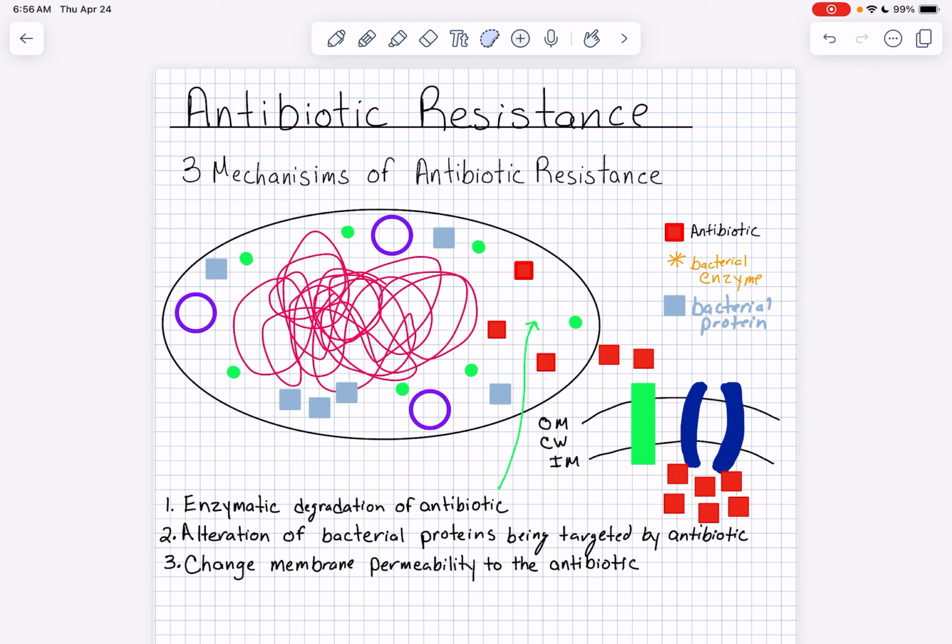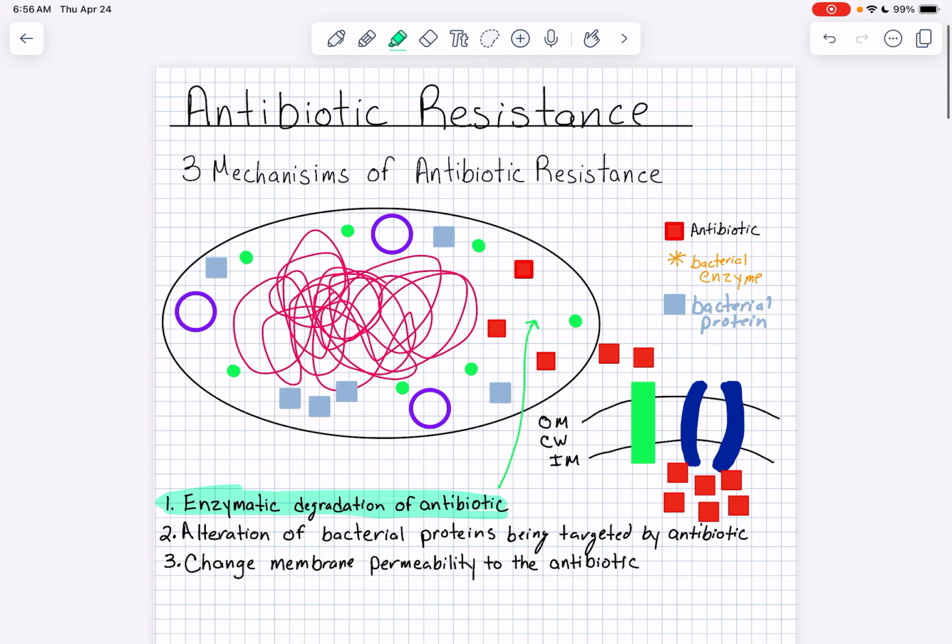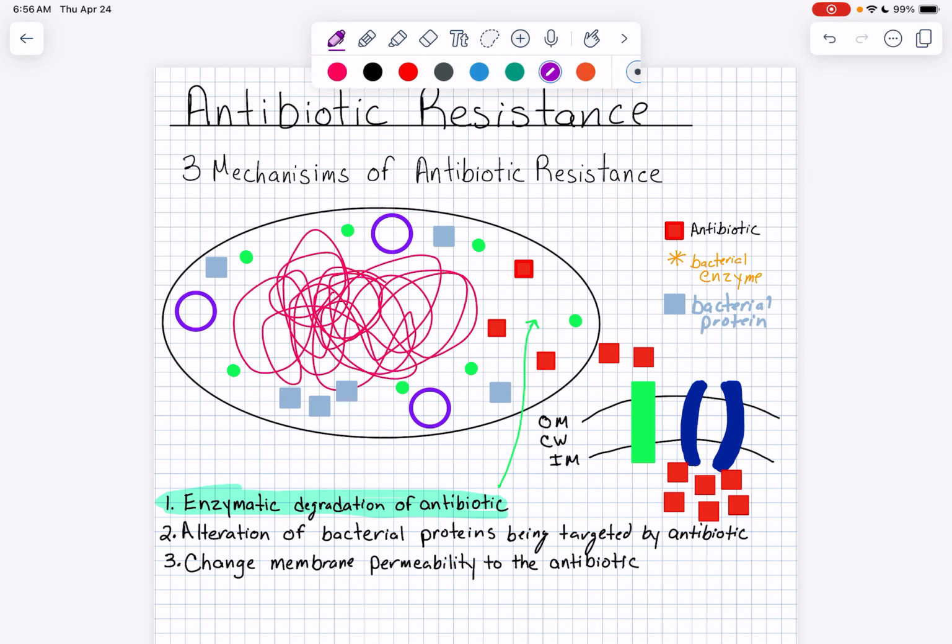The first thing that can happen is you can have an enzyme in the bacteria that will degrade the antibiotic. Remember that antibiotics are just chemicals. That's all they are. So there are enzymes that the bacterial cell makes, and those enzymes will come in and break down that antibiotic.